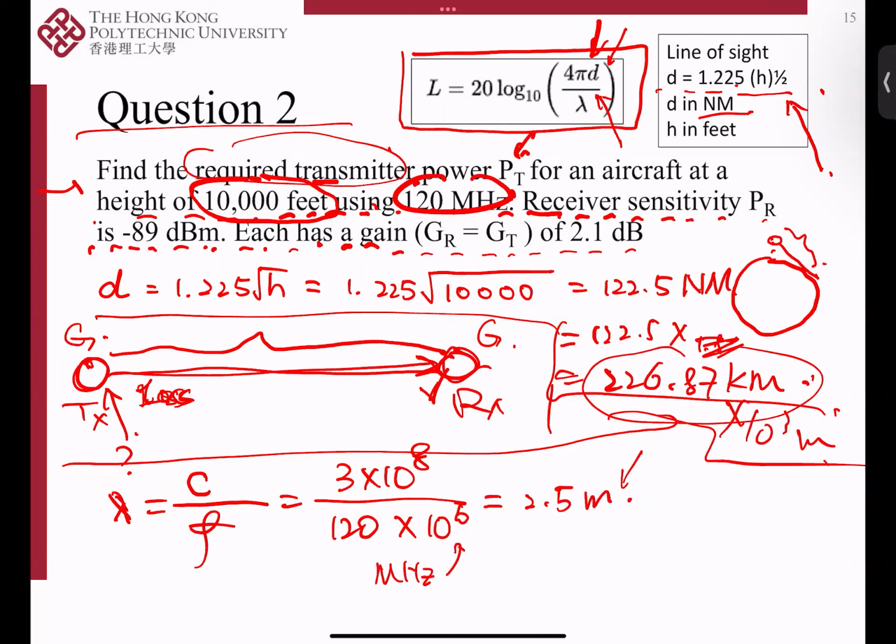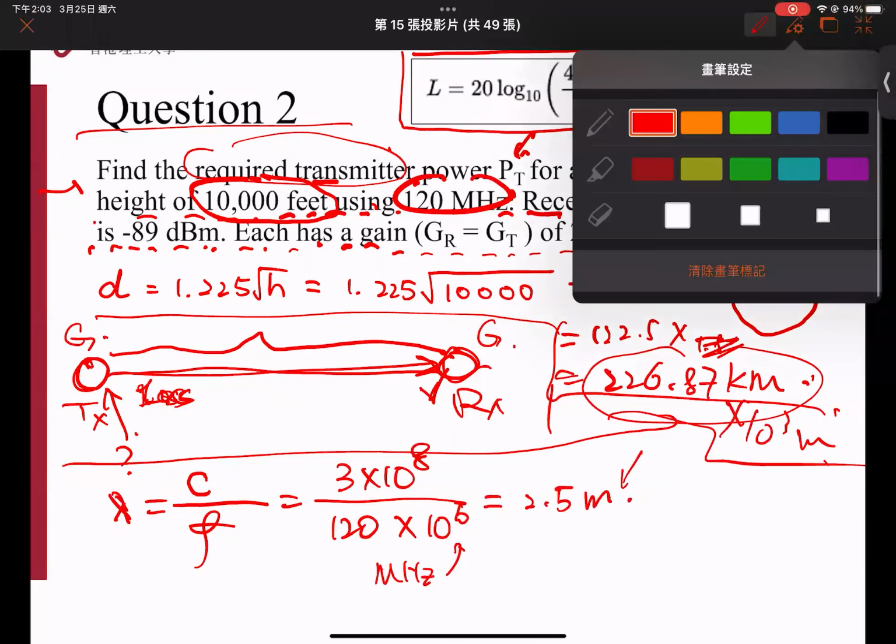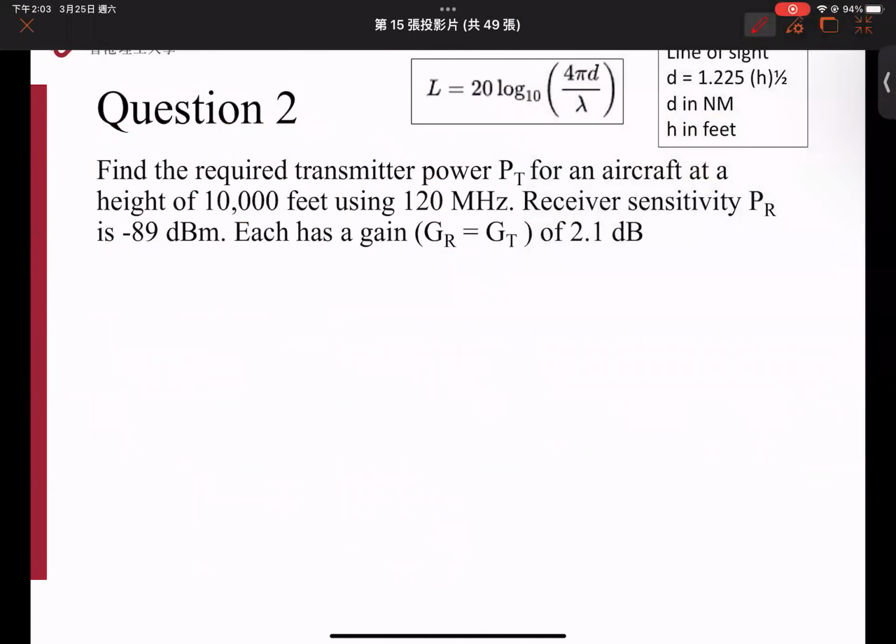So let me rearrange the notes in here. At this moment, we already have the distance is 226.87 kilometer, and the wavelength equals 2.5 meters.